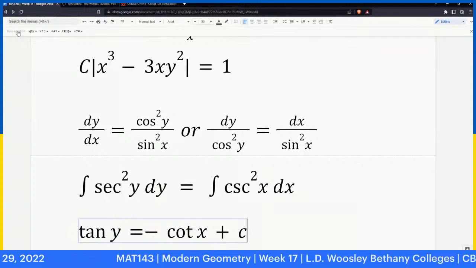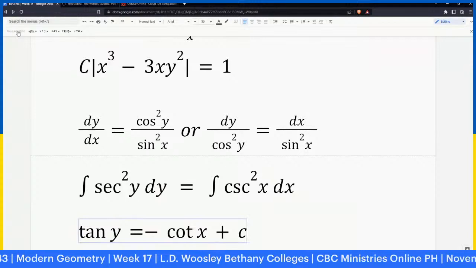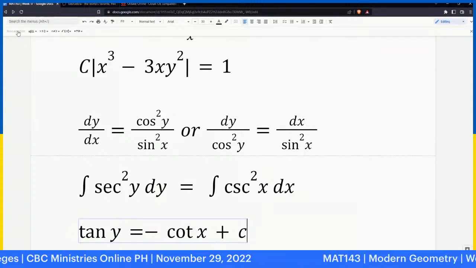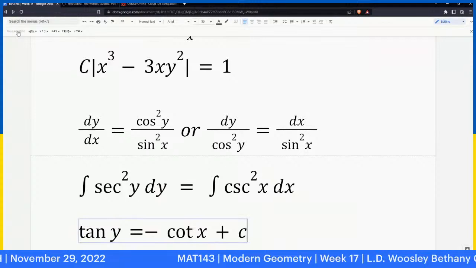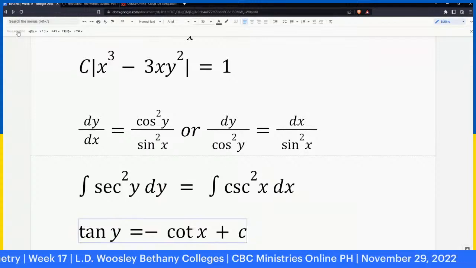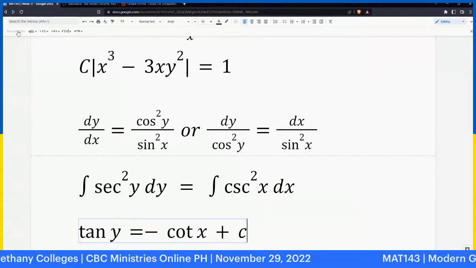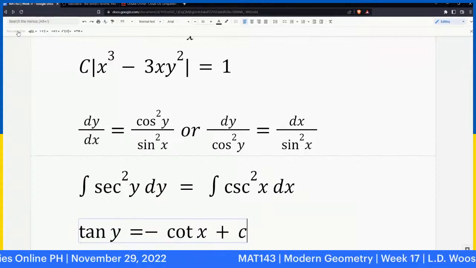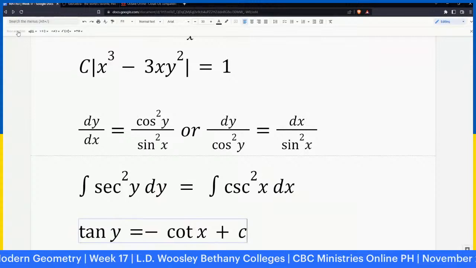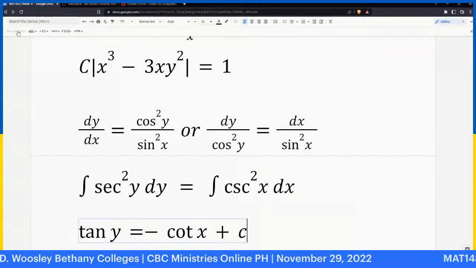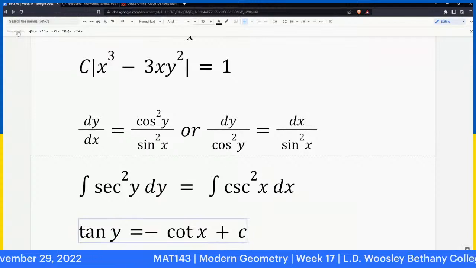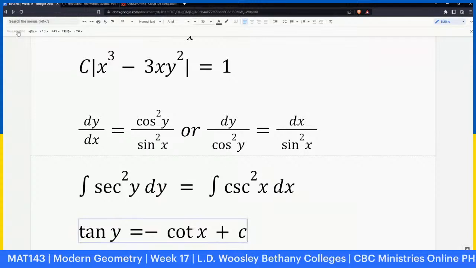Okay, for a while lang. Okay, I'll look for another variable separable.